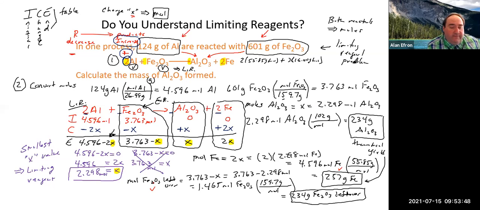And that's a perfectly fine approach if that's the way that you were taught limiting reagent problems and you're happy with doing it that way. Let me be very clear, you're absolutely welcome to continue to do those problems that way. You do not have to do the ICE table if you don't want to. It's just a more convenient way of doing these types of problems.